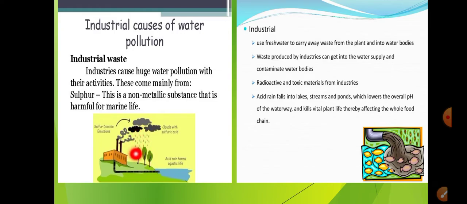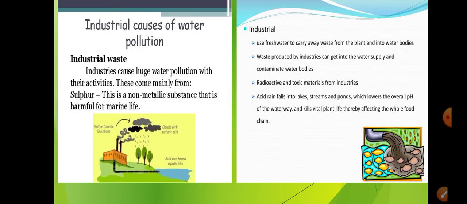Whenever there is rain, the rainwater will enter the larger water bodies. Even the industrial effluents we talked about just now are released directly into the water body, thereby increasing the pollution. Now let's see more in detail about industrial pollution.